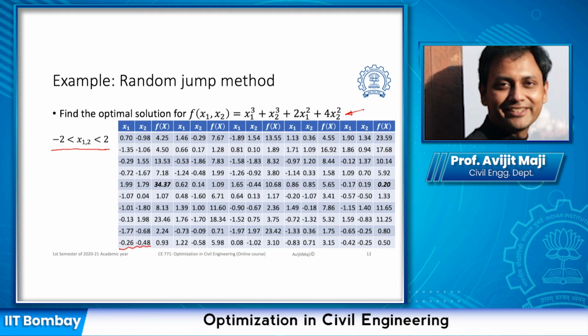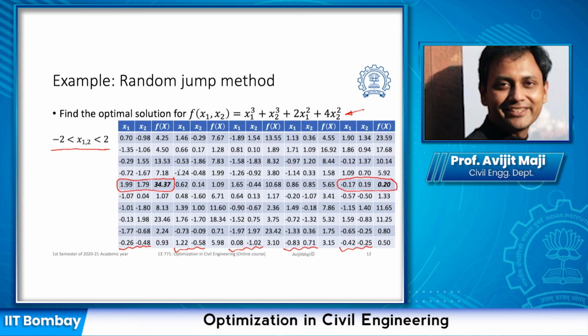this is another set. It's a continuous set of numbers or locations which we have generated, and among these many numbers, once we evaluate the objective function and compare, we find that at this particular location the objective function value is the minimum, and at this particular location the objective function value is the maximum.